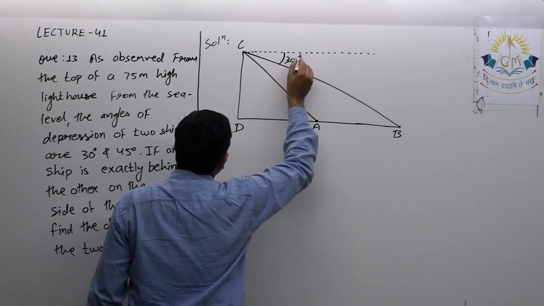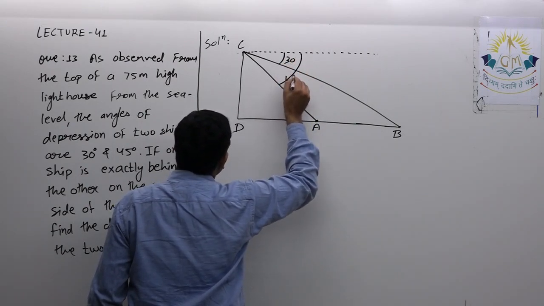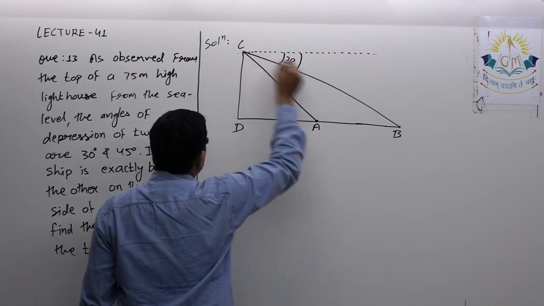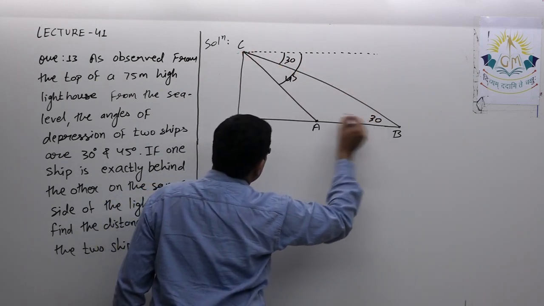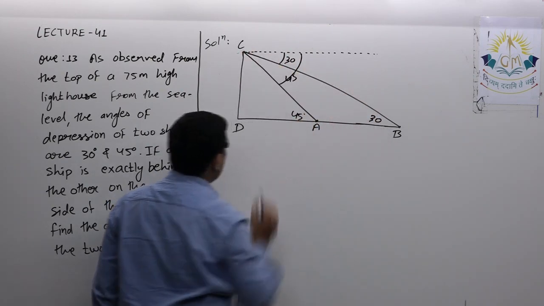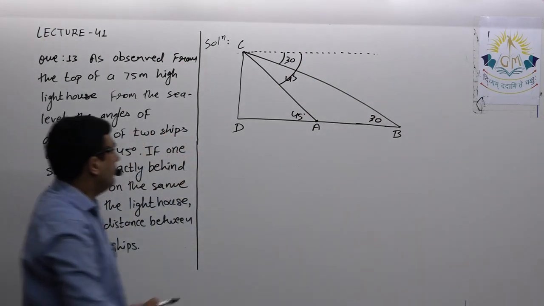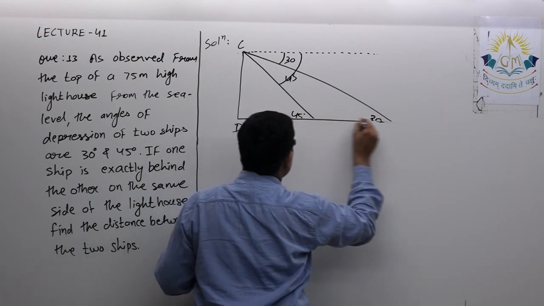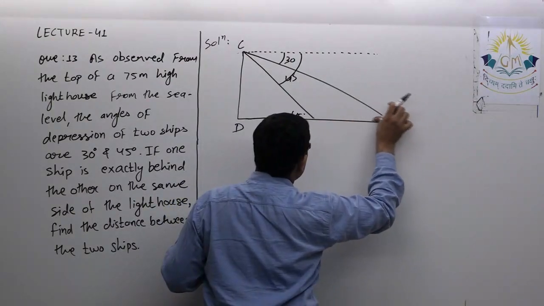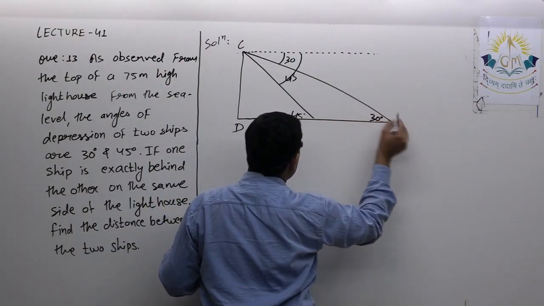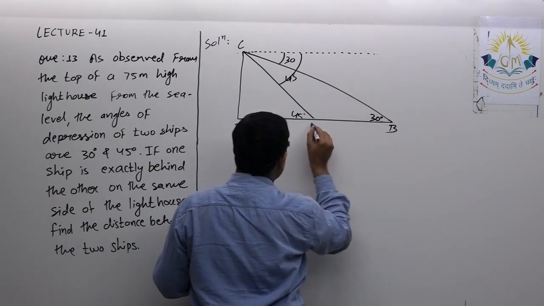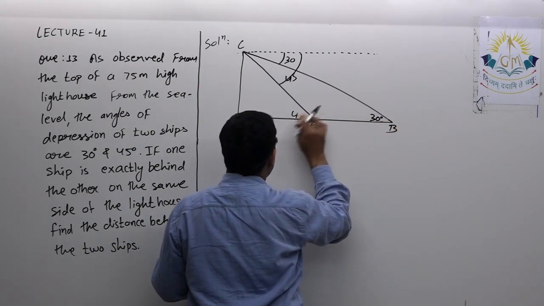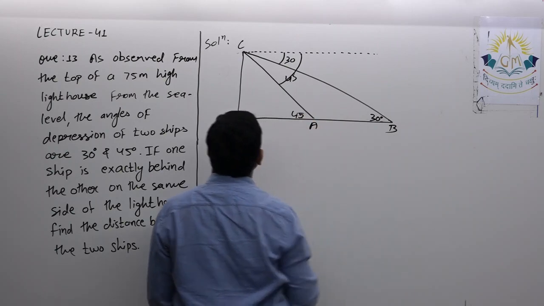And this larger angle will be 45 degree. So by the geometry I can say this angle is 30 degree and this angle is 45 degree. So this is the diagram exactly. This angle is 30 degree, this point is B, this point is A, this angle is 45 degree.